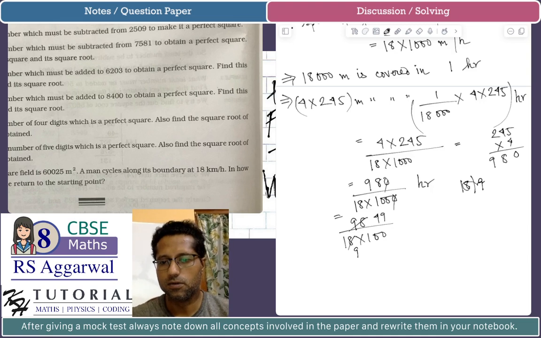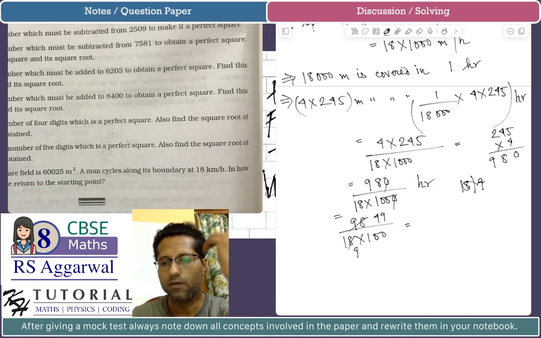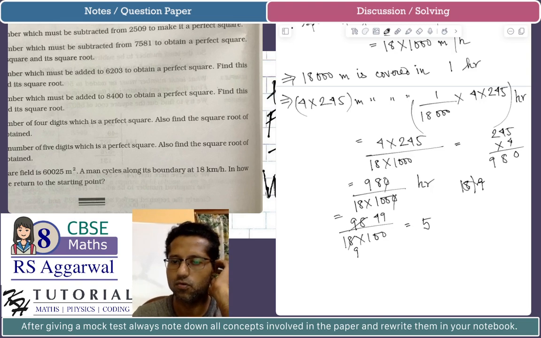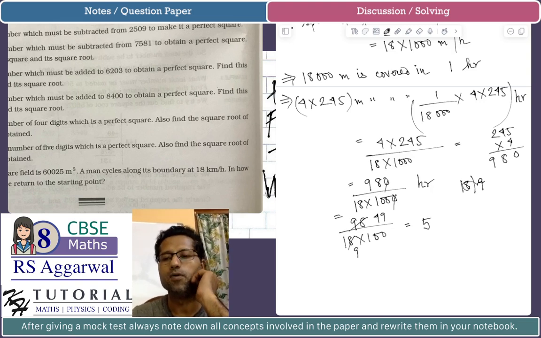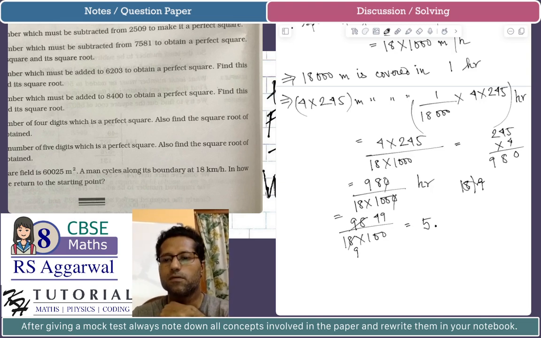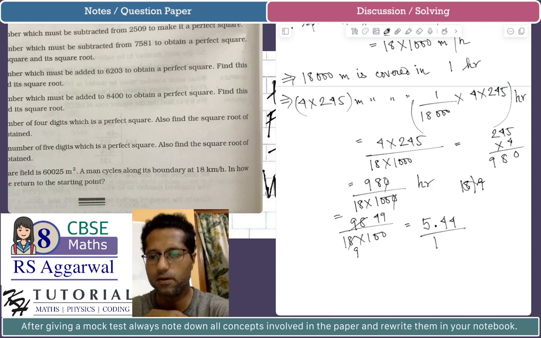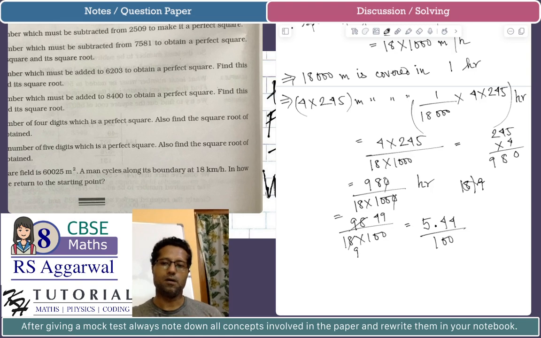If you divide 49 by 9, it becomes 5.44, something like this, divided by 100 hour.